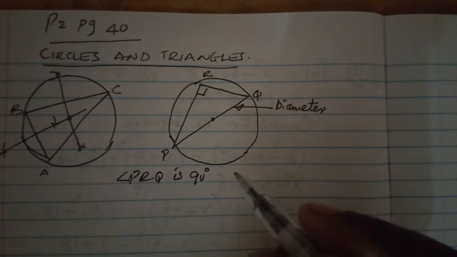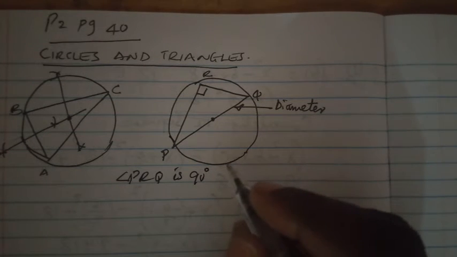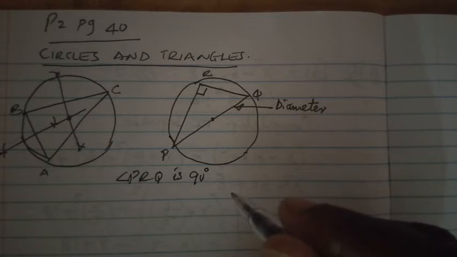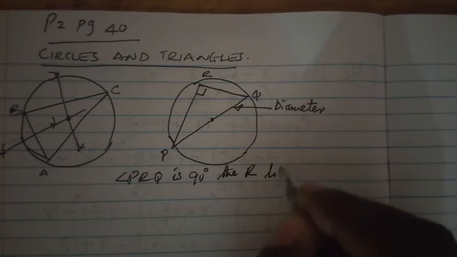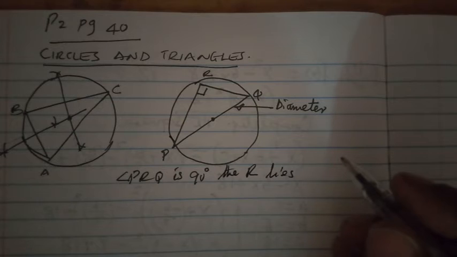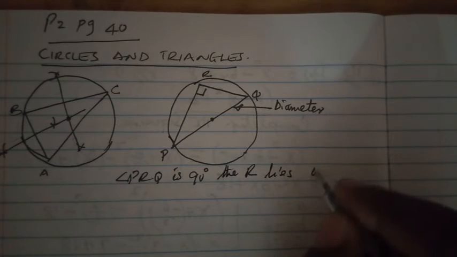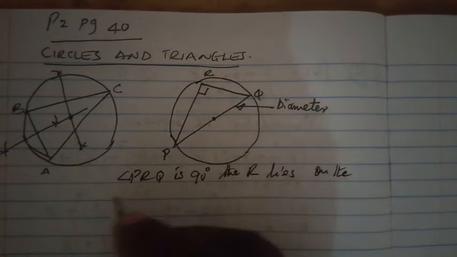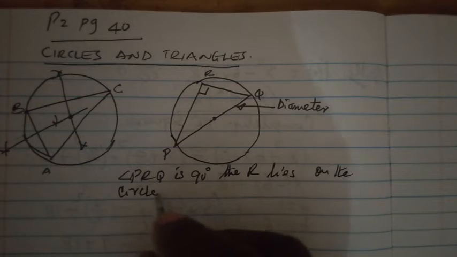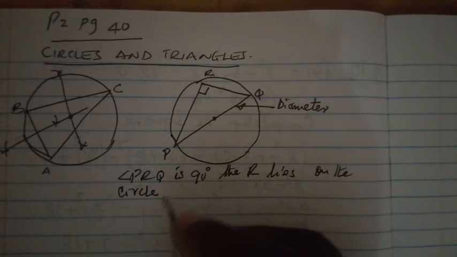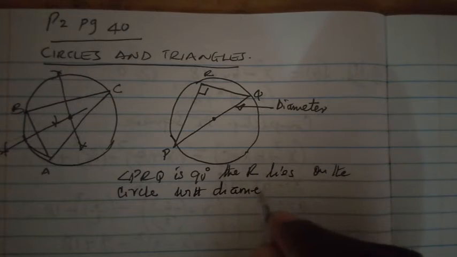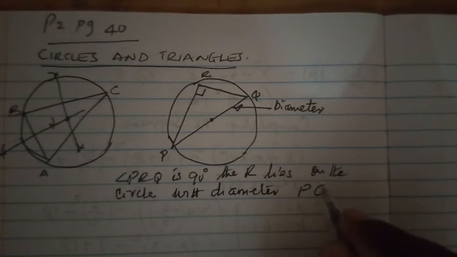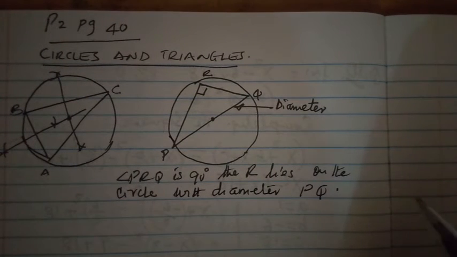then R lies on the circle with diameter PQ. That is one way of saying it.